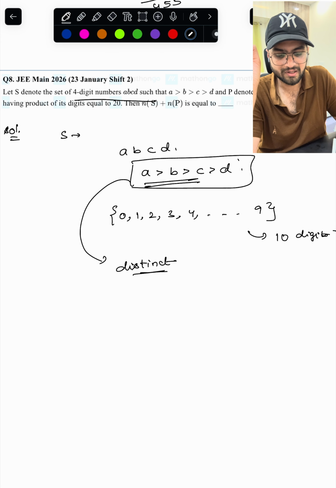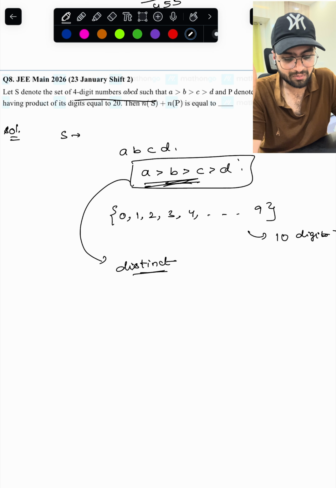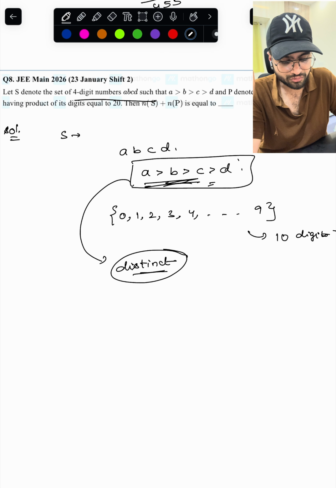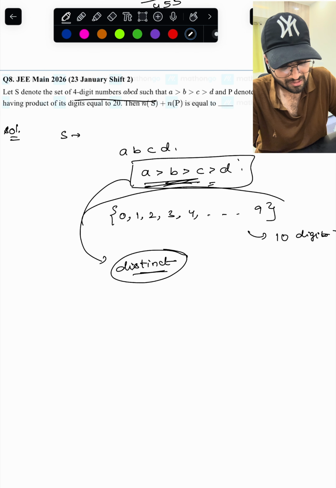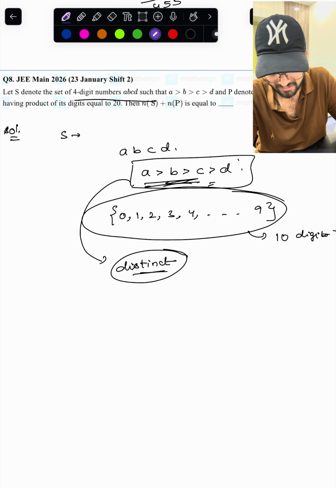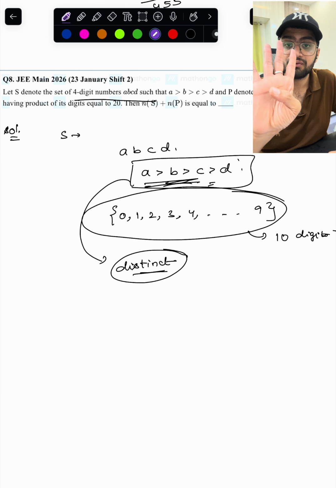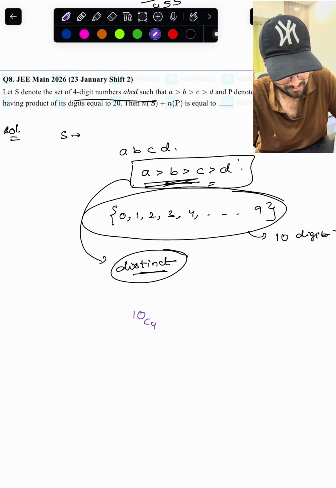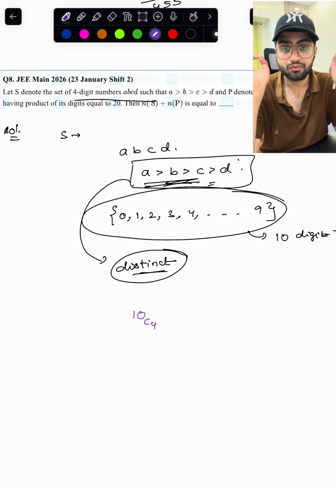Otherwise, if they are not distinct, equality will happen, no? So for strictly greater than, the digits should be distinct. So out of these 10 digits I need to select any 4 of the digits. I'm selecting 4 digits of those 10 digits, right?